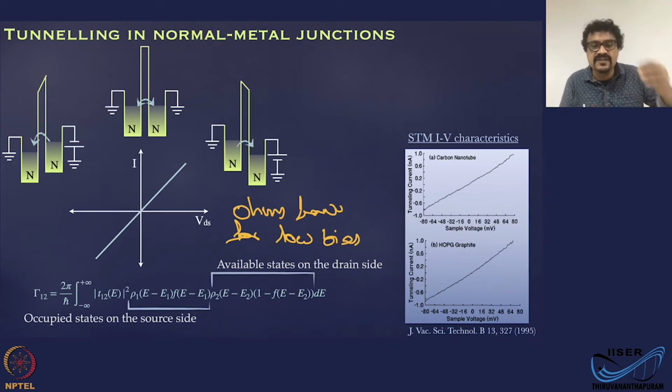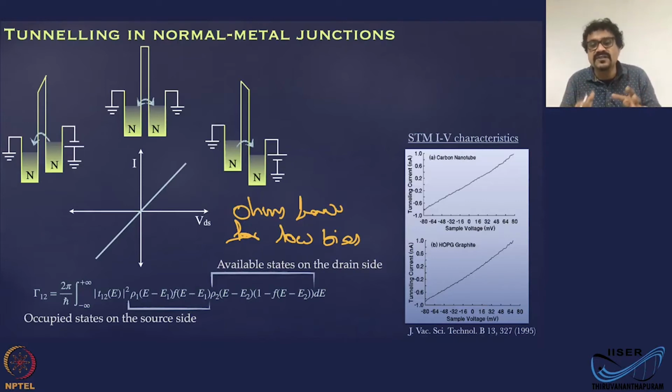So assuming one side has more or less linear density of states, and the other side has a different density of states, then you are going to probe the other side, because this side is always ready to donate electrons or accept electrons or charge carriers. The other side, depending upon its density of states for that particular energy, will accept or donate electrons.